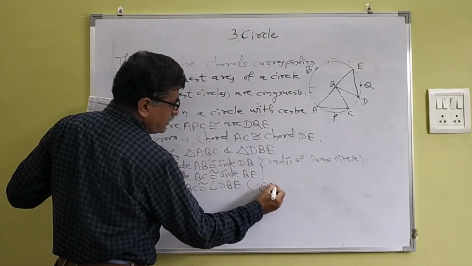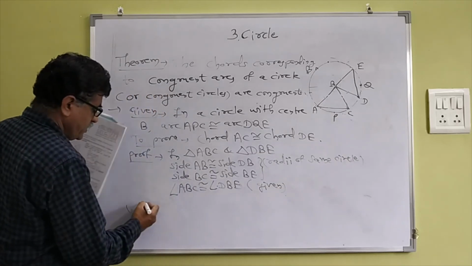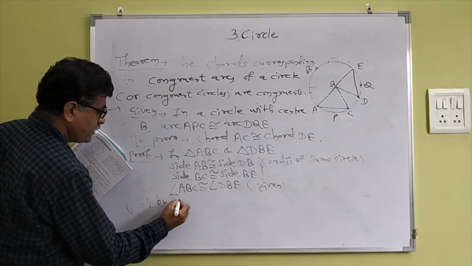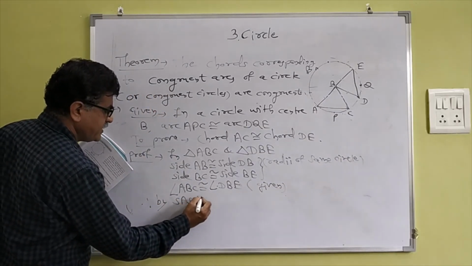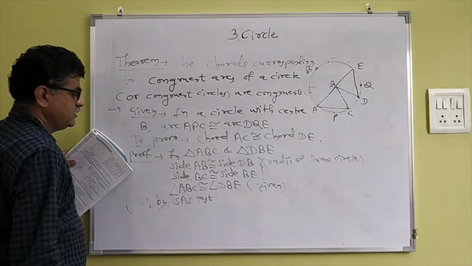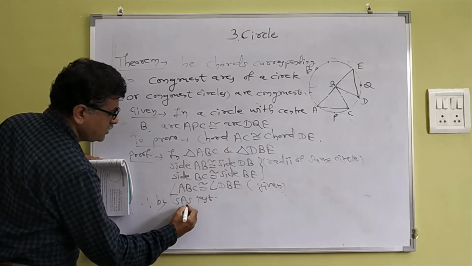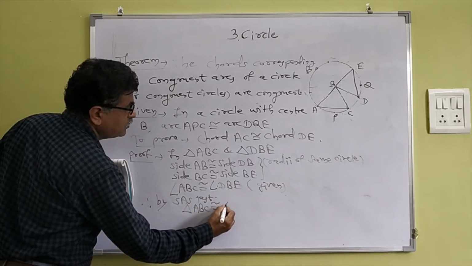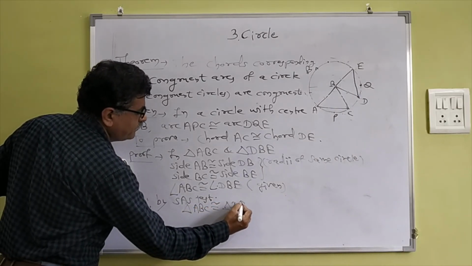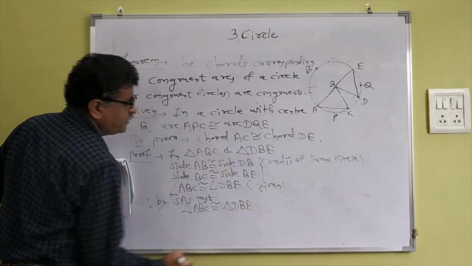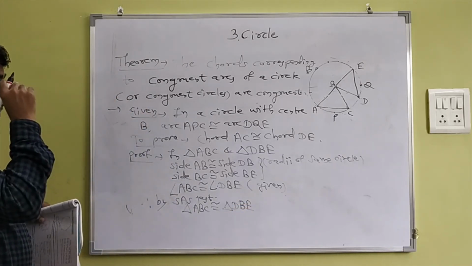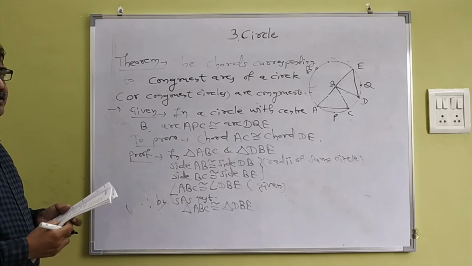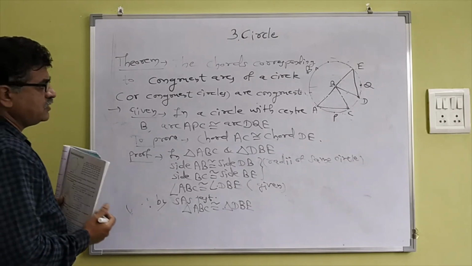Write down here, given. Therefore, by SAS test, these two triangles are congruent. Triangle ABC congruent to triangle DBE. And corresponding sides of congruent triangles are congruent.